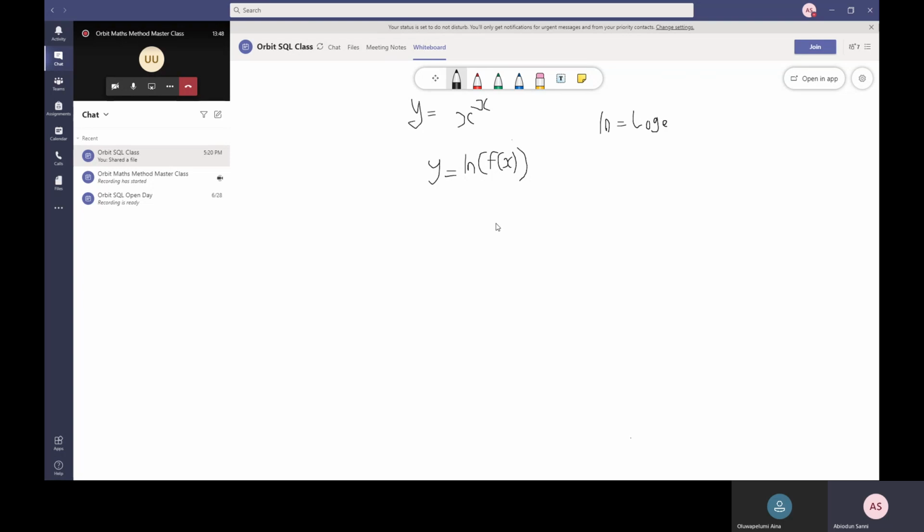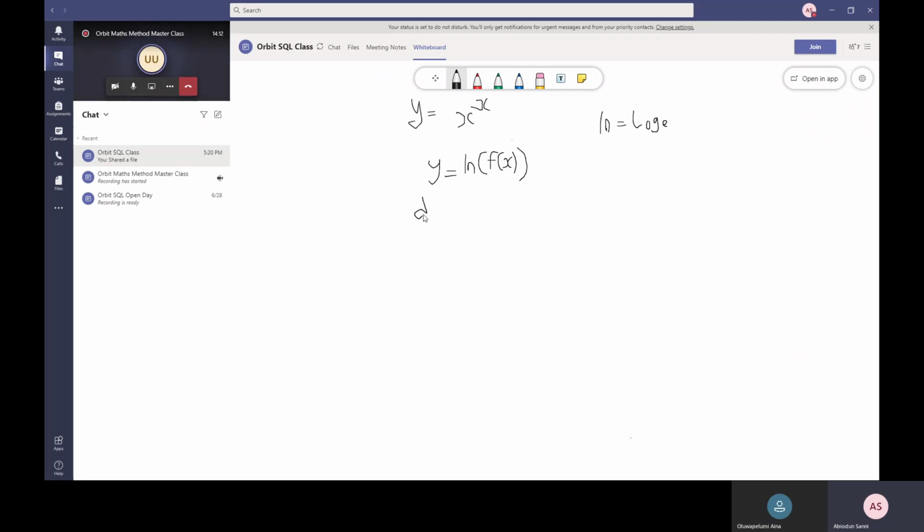In this case, if they put log and not ln in a differential problem in math method, just assume it's ln. Are you with me? Yes.